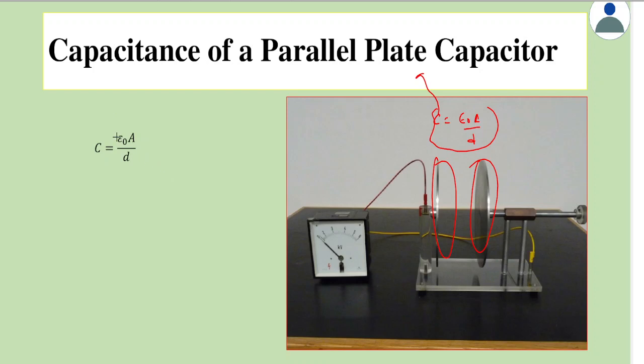It depends on epsilon naught, which means it depends on what is the medium between the two plates. For example, in this case, it is air. Suppose if we insert a dielectric between two plates, then it may change. So we'll see next slide. But here, the capacitance depends on the medium between the two plates.